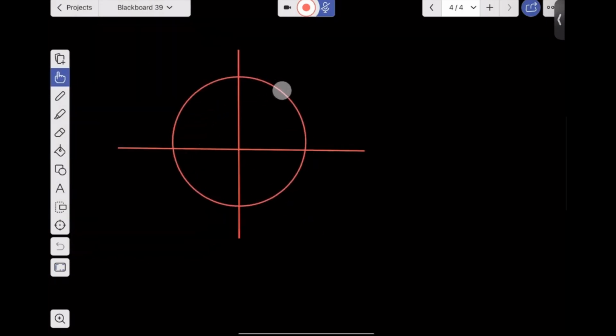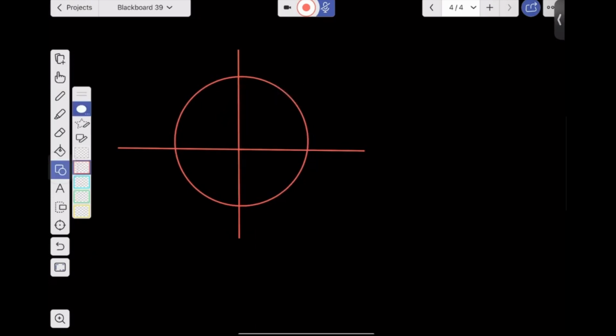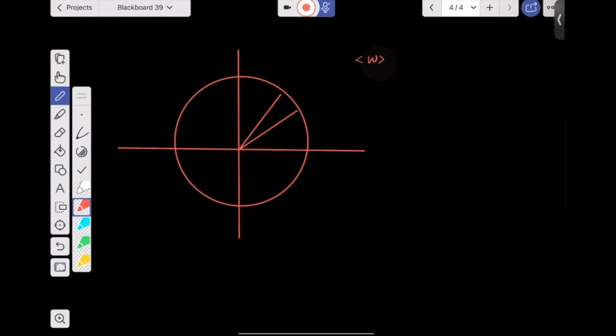Suppose I have a particle going around in a circular path, and suppose it covers some angle in some given time. The average angular velocity will be delta theta by delta t.